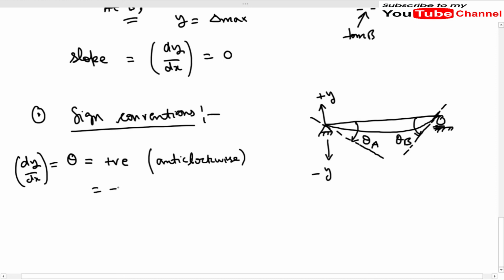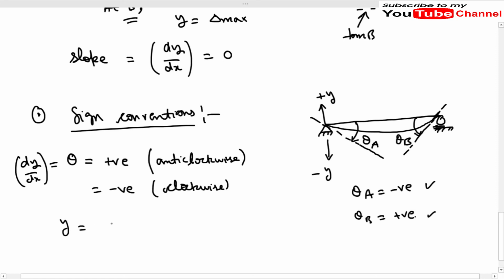If we get a negative value, it means the slope is clockwise, which means that the value of theta A will be negative and the value of theta B will be positive. This is for illustration purposes. These values can be anything according to the loading, but I am illustrating that if this is the condition, then theta A will come out negative by solving the equation, and theta B will be positive. Now what about deflection?